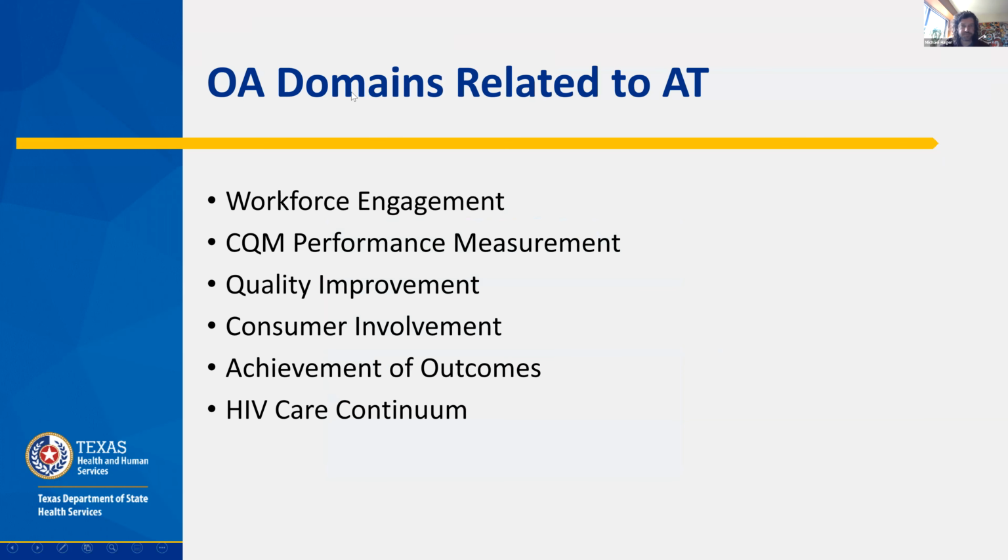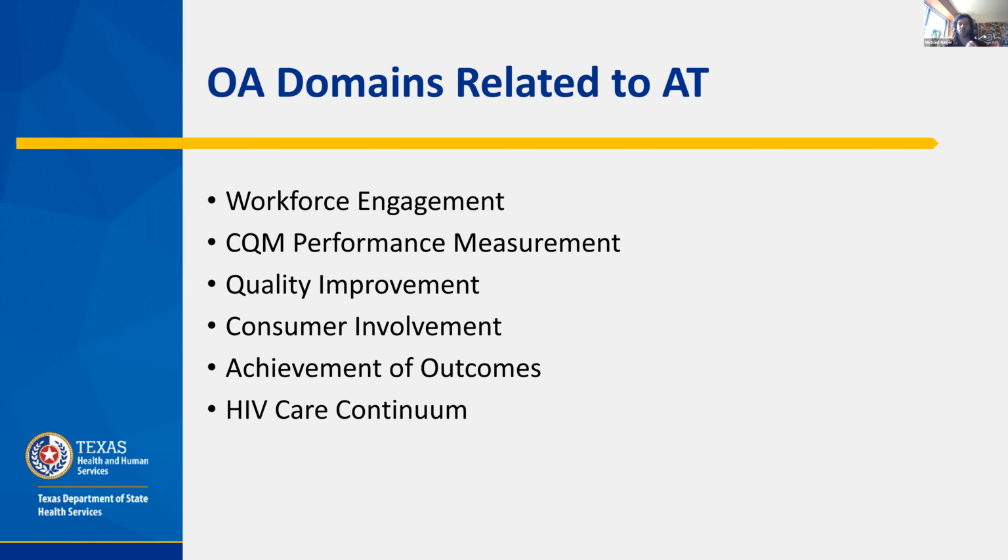So let's dive in here. Jamie went through and talked about the different OA domains. She also talked about the common threads and common elements across OA domains. Now I'm going to look at this a little bit differently. Let's look at the OA and Achieving Together and think about the way that OA domains tie to Achieving Together.